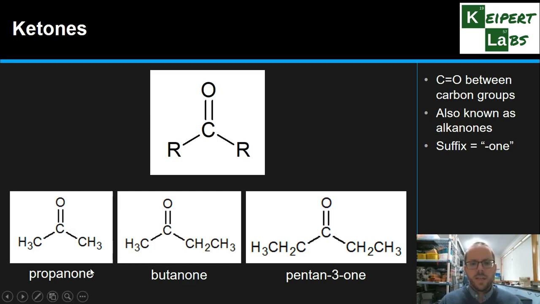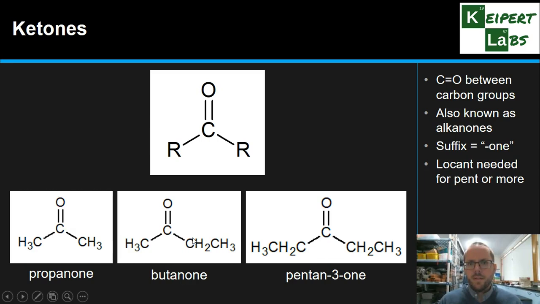Now you notice that we didn't use a locant here for propanone or butanone, but we definitely needed one for pentan-3-one. A locant is needed when we've got pent or more. The reason that we don't need it with these ones is that for propanone there's literally only one carbon that the carbonyl could be on, between the others. For butanone you could say, what about here or here?